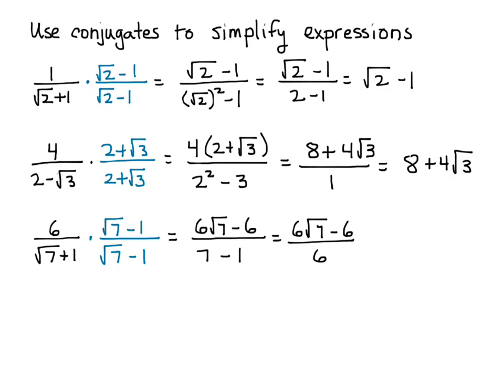Now, as it turns out, I probably multiplied this thing prematurely, because if I just kept this in parentheses, I would not have to undo what I've just done. I get 6 over 6, and so I get square root of 7 minus 1. So here's a case where this 6 in the numerator just went away, and we just get the conjugate as the solution.